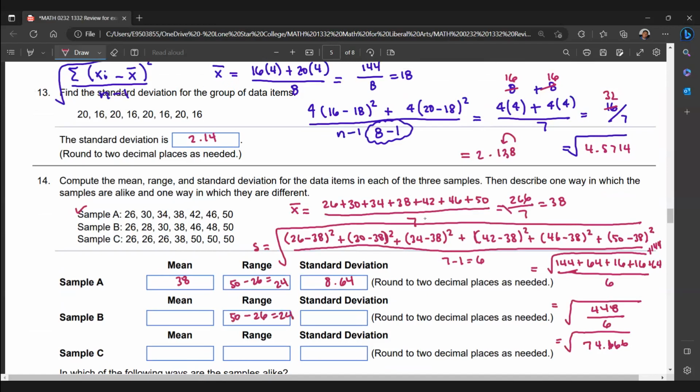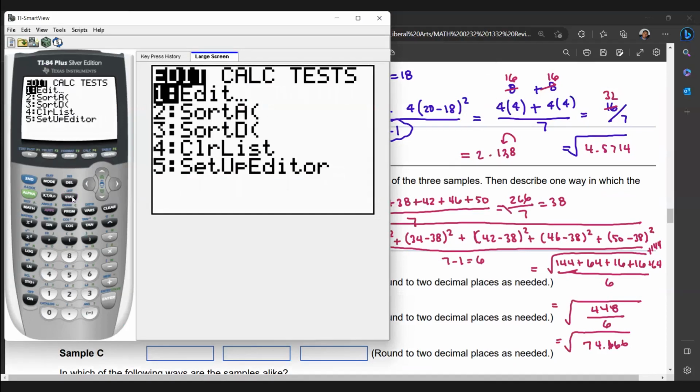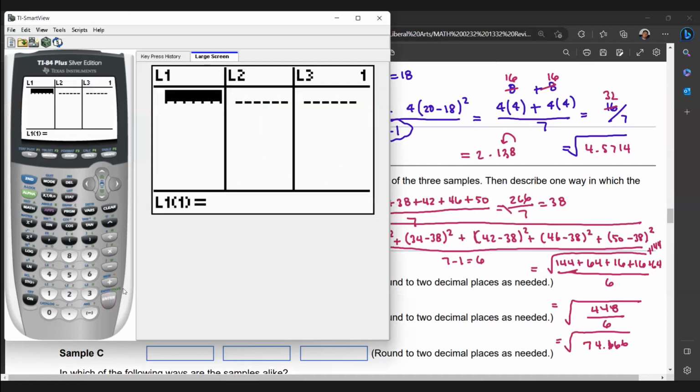But let's see if we can find the mean and the standard deviation using technology. So here we go to Stat, Edit, and then we'll type in our information: 26, 28, 30, 38, 46, 48, and 50.